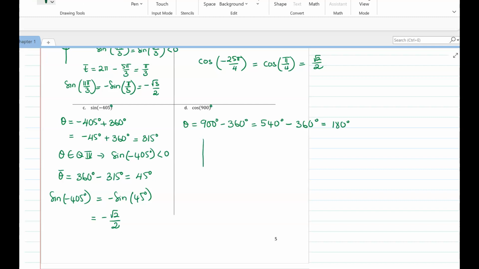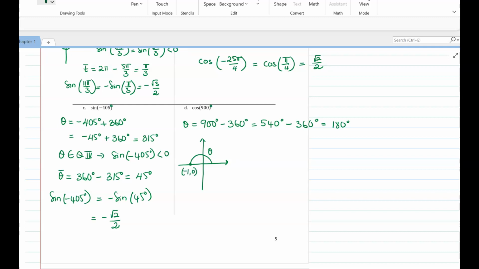Let's take a look at where 180 degrees is. 180 degrees is right here. The terminal side of this is the point negative 1, 0.